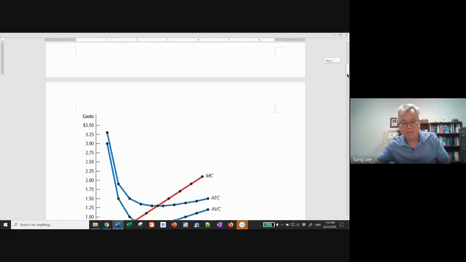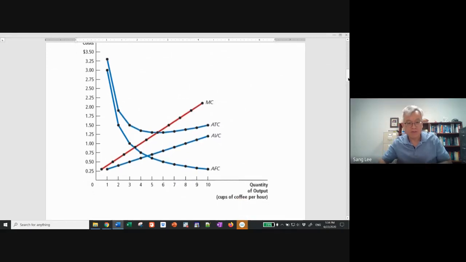So we can confirm that in this figure. Okay. So the average total cost curve has a declining segment until you produce 6 cups of coffee, and then it starts slightly rising again. So it has kind of a U shape.